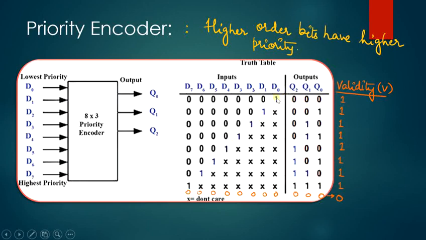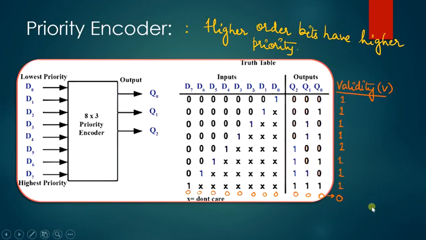For example, D0 equal to 1 means output will be 0, 0, 0. D1 equal to 1 means output will be 0, 0, 1. D2 equal to 1 means 0, 1, 0. D3 equal to 1 means 0, 1, 1. D4 equal to 1 means 1, 0, 0. And D5 equal to 1 means 1, 0, 1, and so on.